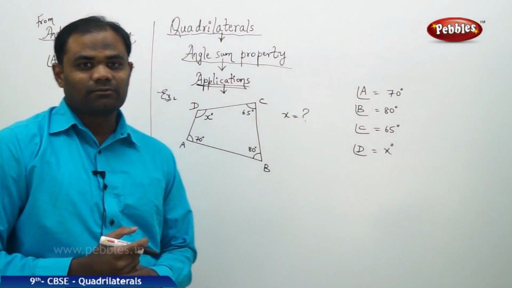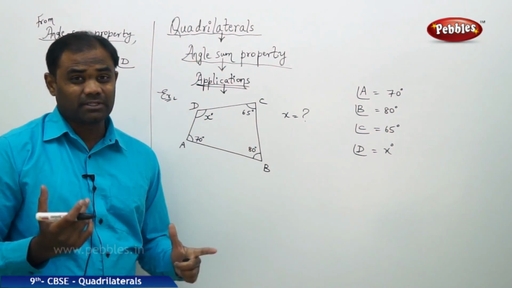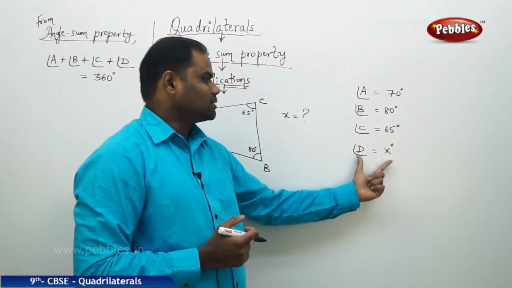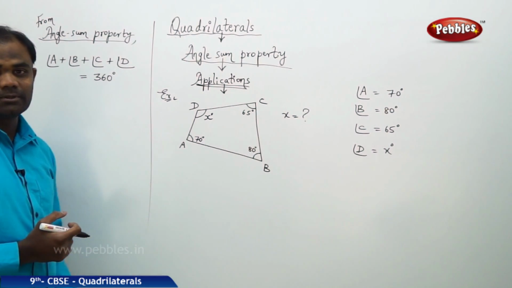So angle sum property for a quadrilateral where my sum equals 360 is what we have seen in the previous session. Now that we know each of the angles, let's substitute in the given angle sum property.